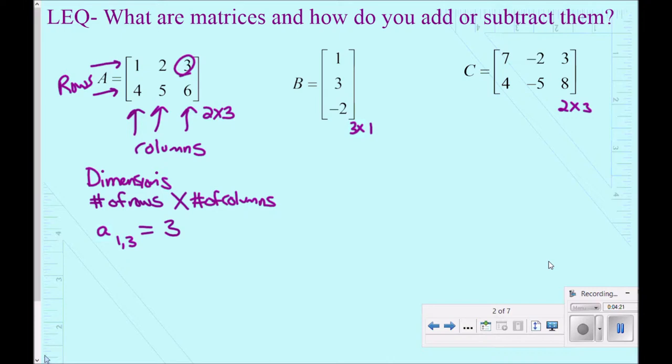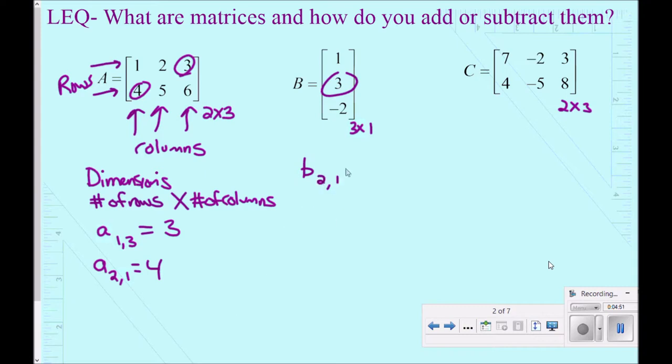Okay, so what if I ask you to give me the placement of the 4? Well, that's in the second row, first column. So that would be A2,1. That's equal to 4. Okay, so go ahead and label the placement here. That's matrix B, so I'm going to use a lowercase b, and it's in the second row, first column.